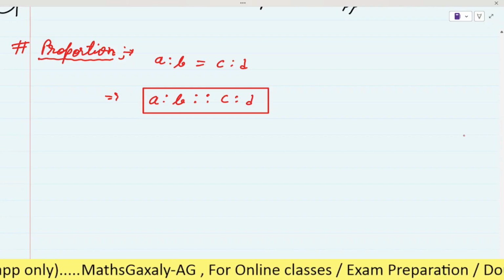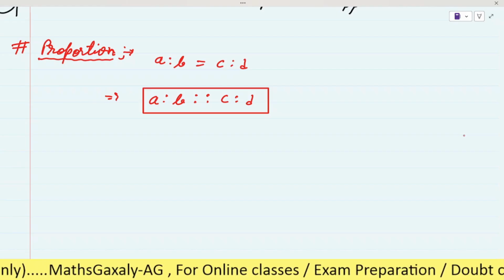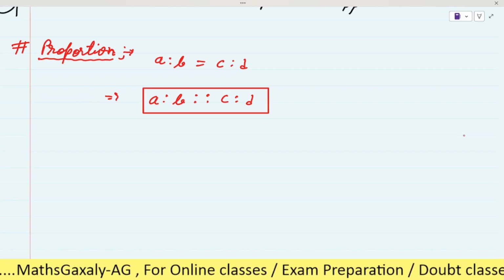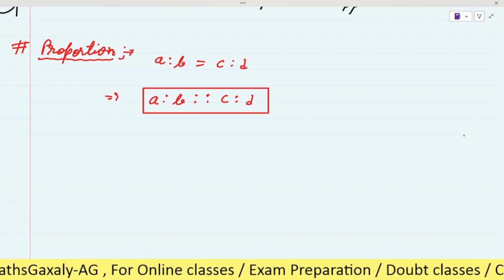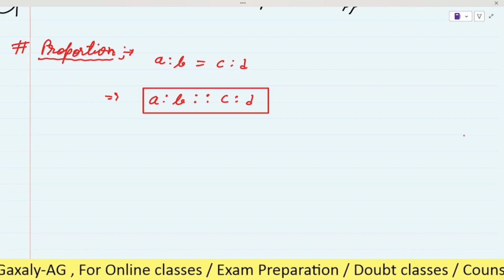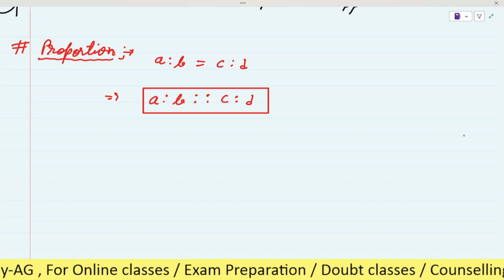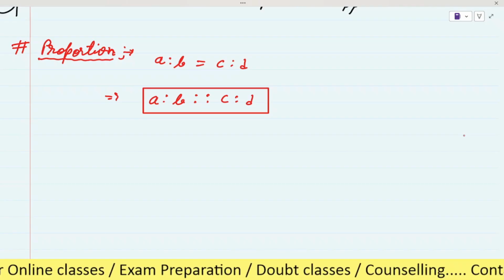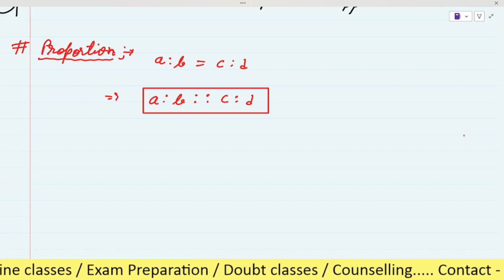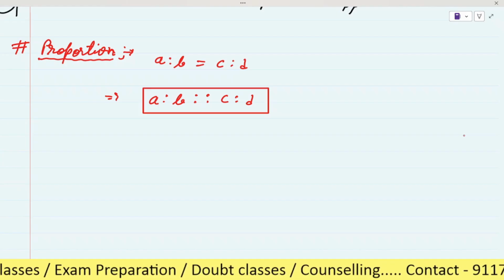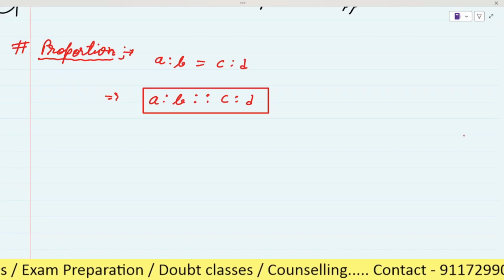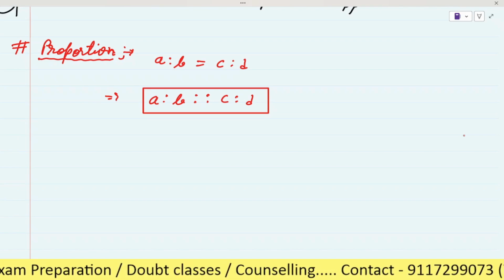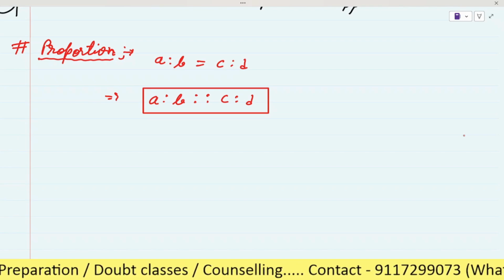If you want to write the definition of proportion, you can write: when the value of two ratios are equal, it is said to be proportion. Okay, is it clear? And here we can say that A, B, C and D are in proportion.